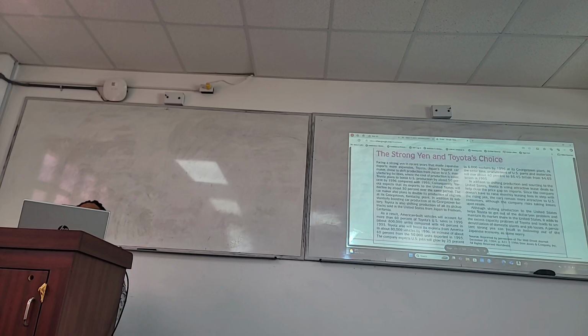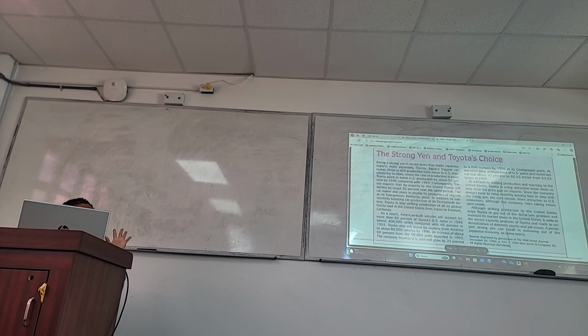So Toyota tried to adjust, all right? And how did it try to do that? Shifting production to the US. Because it should be cheaper for them to produce in the US.